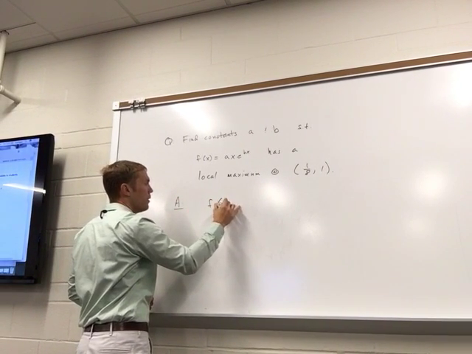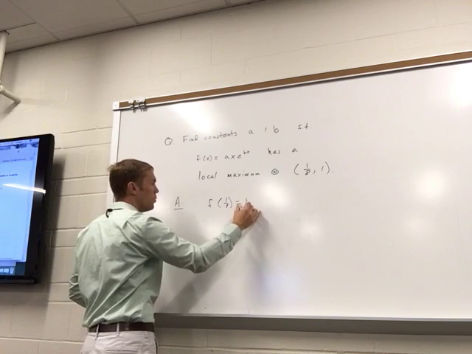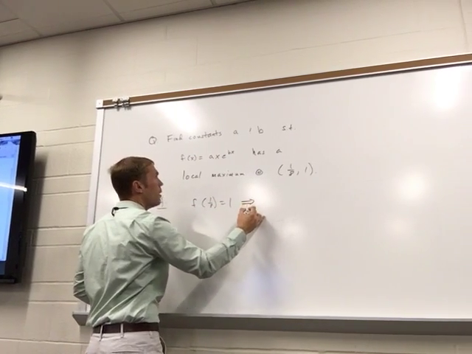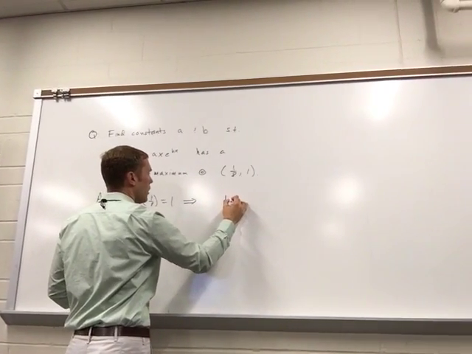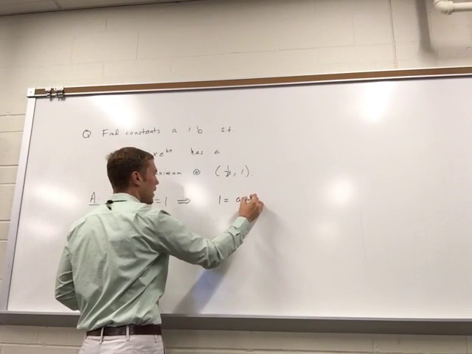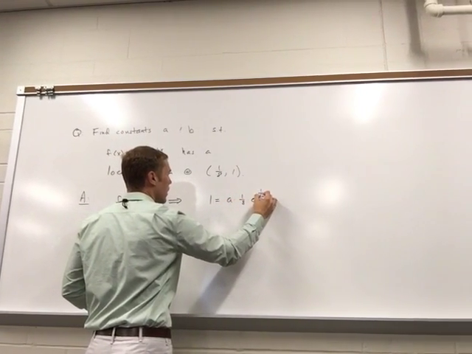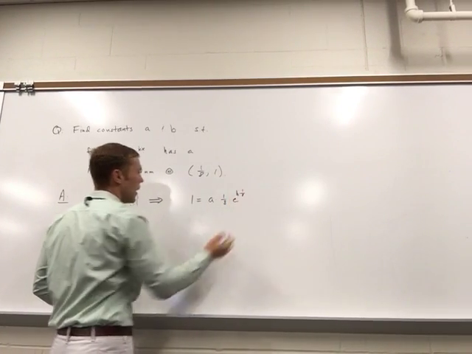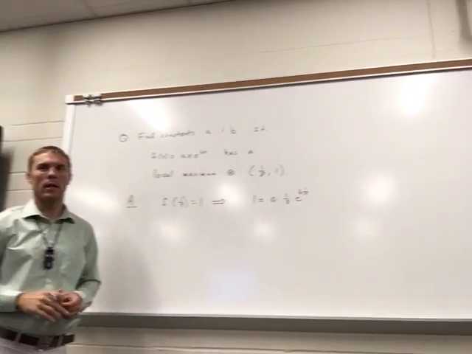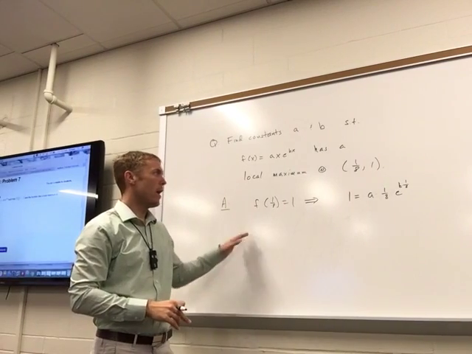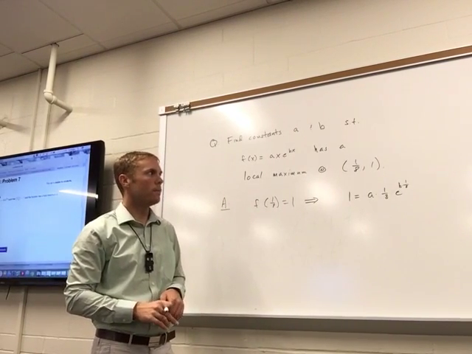since f of 1/8 equals 1, this tells me that 1 equals a times 1/8 times e to the 1/8 times b. It's simply plugging in the information that f of 1/8 equals 1.